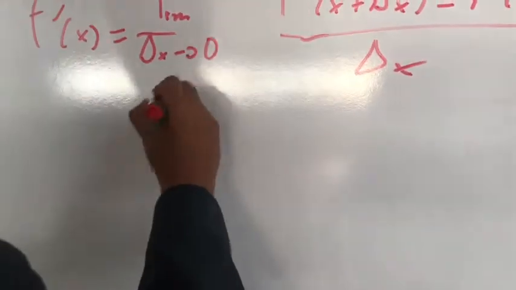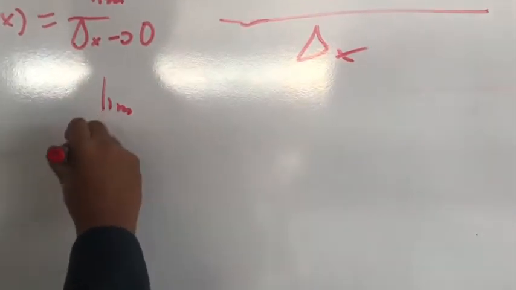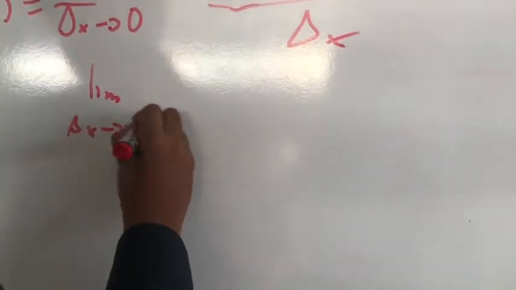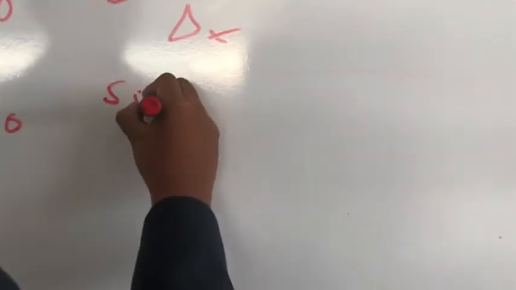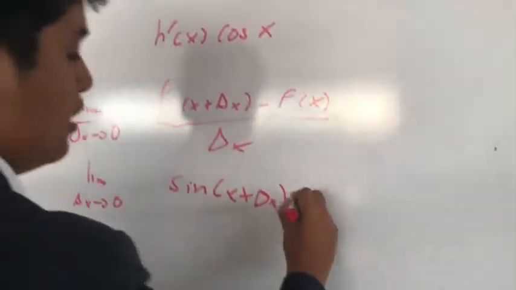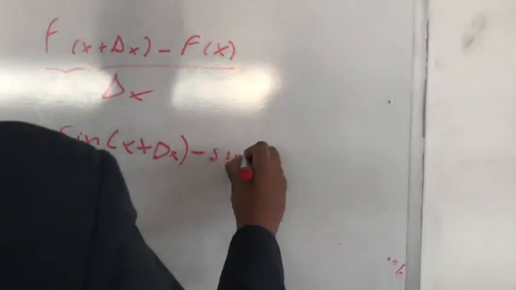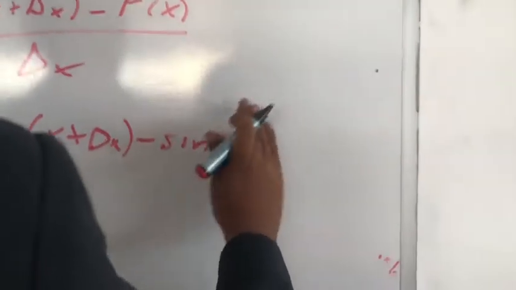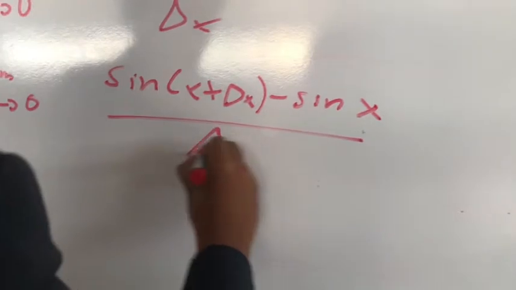So it will be something like the limit of delta x going to 0 of the sine of x plus delta x minus the sine of x, divided by delta x.